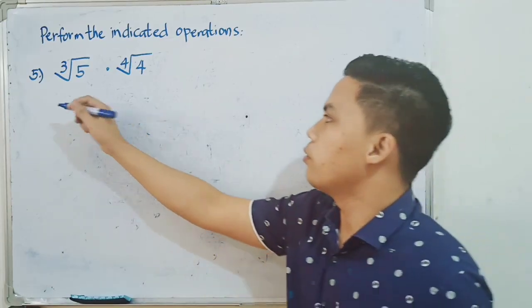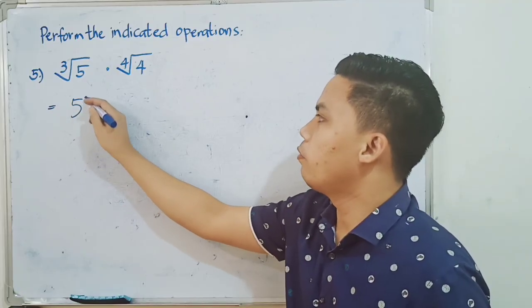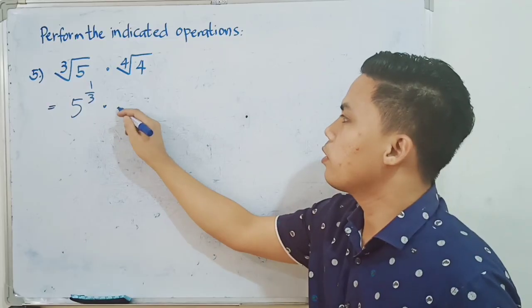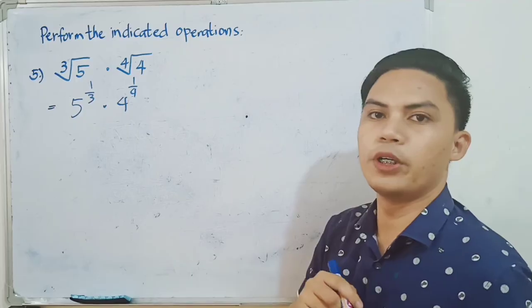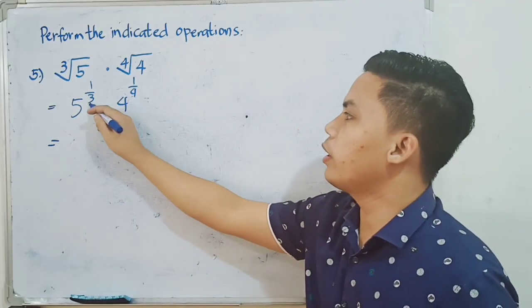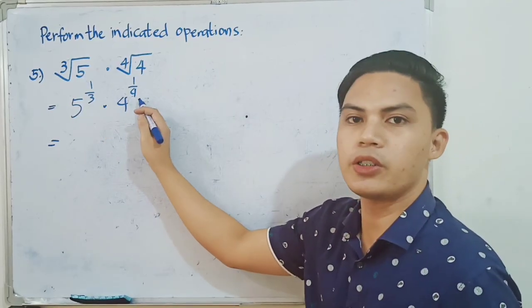Okay. So si cube root of 5 becomes 5 raised to the power of 1/3. Right? Times 4 raised to the power of 1/4. And after that one, we're going to get the LCD of 3 and 4. So we make sure na magiging similar fraction sila.